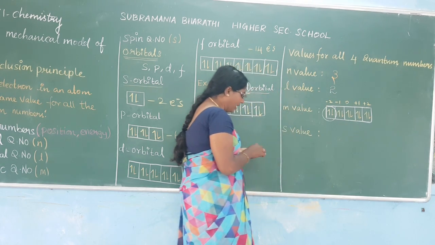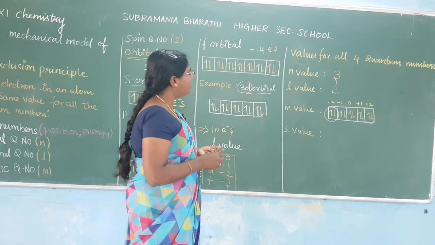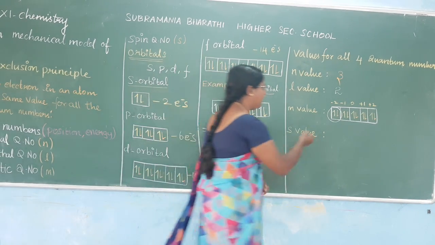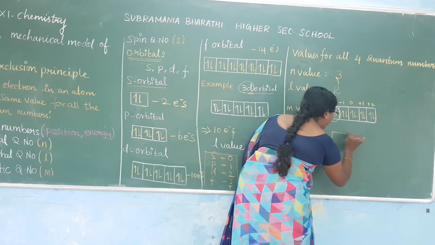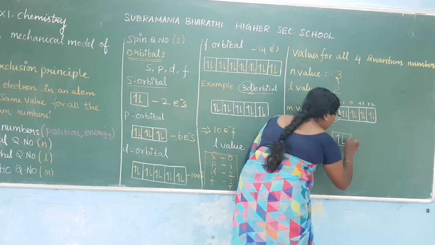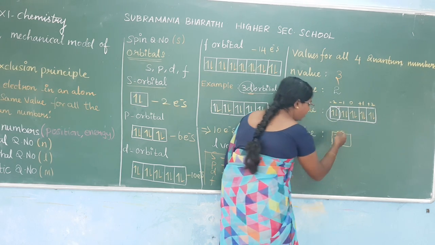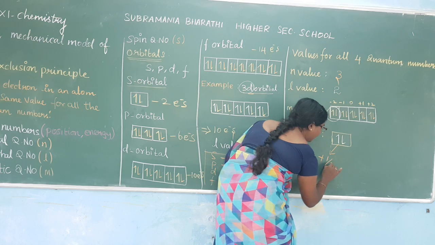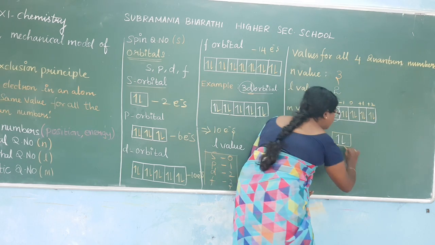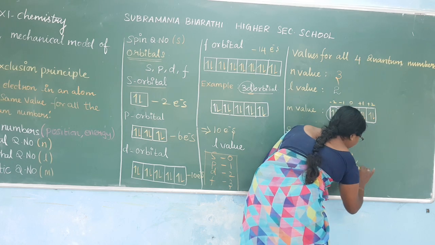Then the fourth one, I have to find the S value. S is nothing but the spin quantum number. Let me write one box alone. It is a degeneracy set. If the electrons are filled, the first electron is said to be plus half and the next electron is said to be minus half.